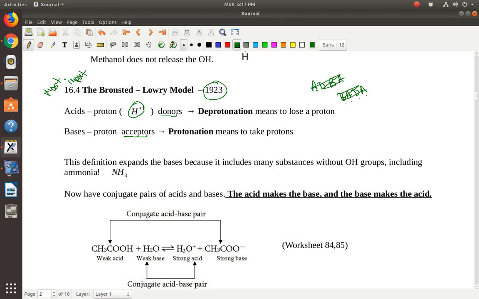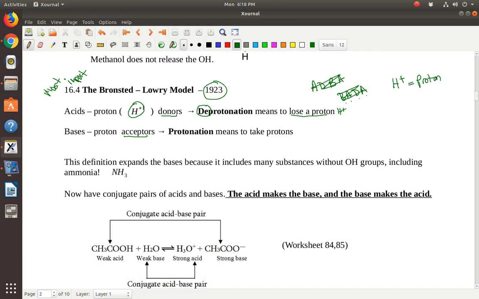Bases are proton acceptors. Now, deprotonation and protonation. If you protonate, you add it on there. If you deprotonate, you take it away. So acids deprotonate. Deprotonation means to lose a proton, or to lose that H+, because remember, the hydrogen ion is a proton. So acids are proton donors.